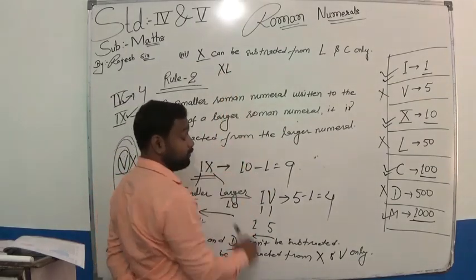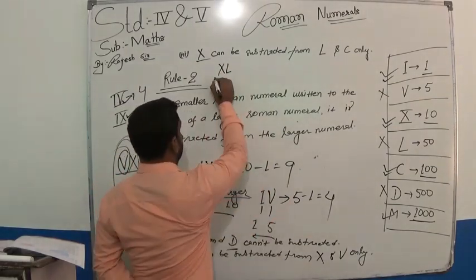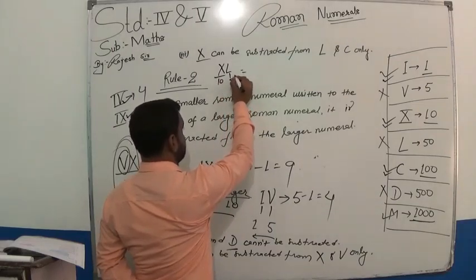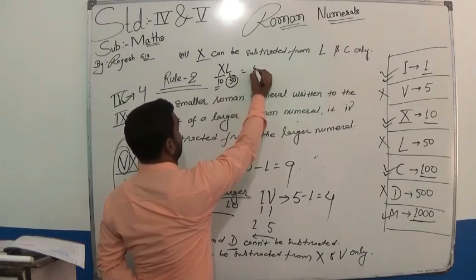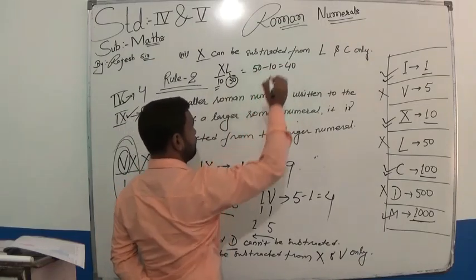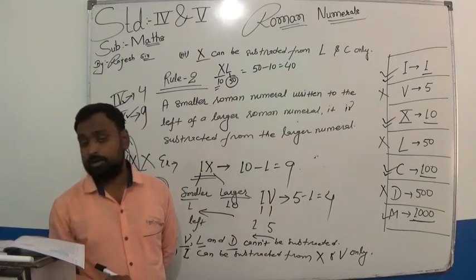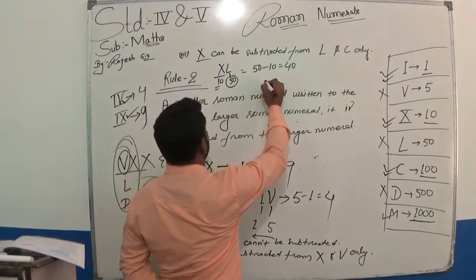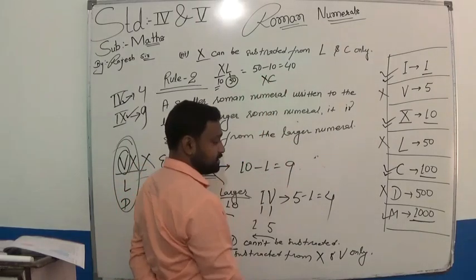What does it become? This is 10 and this is 50. It means the smaller is on the left side. That's why 50 minus 10, it is 40. We can write XC.